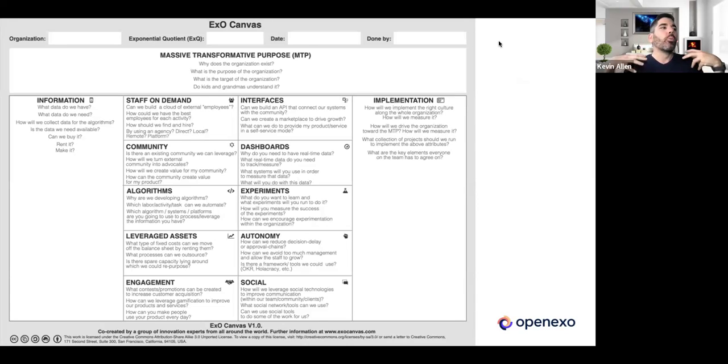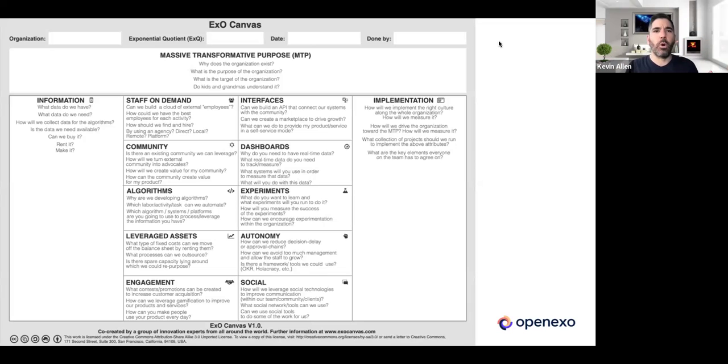And we often speak about the fact that an organization with an MTP and at least 4 attributes can really make a massive impact in terms of innovation and therefore the potential for exponential growth within the organization.